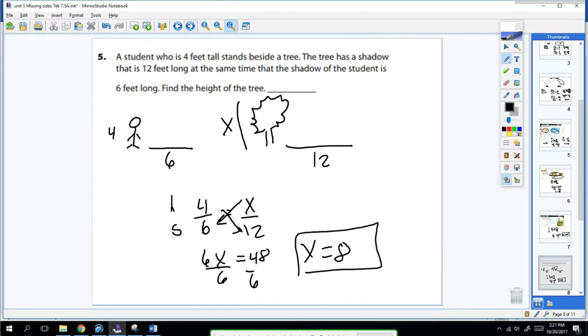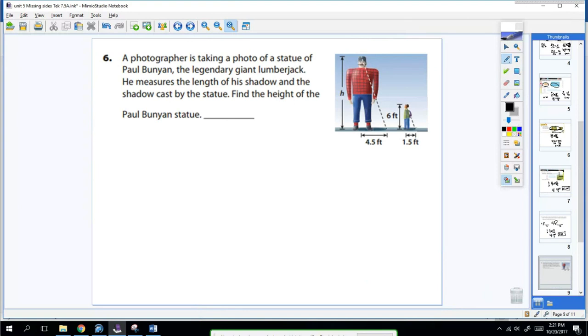All right, last one. A photographer is taking a photo of a statue of Paul Bunyan, the legendary giant lumberjack. He measures the length of his shadow and the shadow cast by the statue. Find the height of the Paul Bunyan statue. So for my first ratio is h over 4.5. We don't know the height of the statue, but we do know his shadow is 4.5.